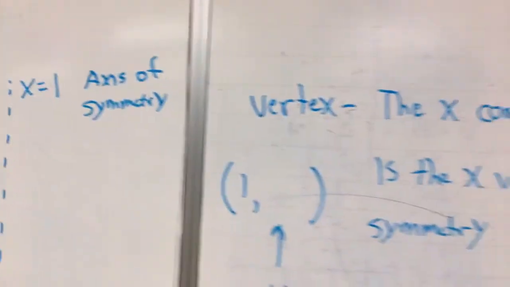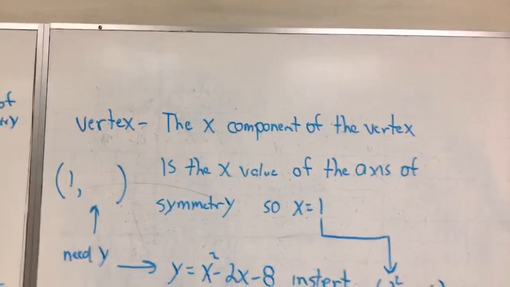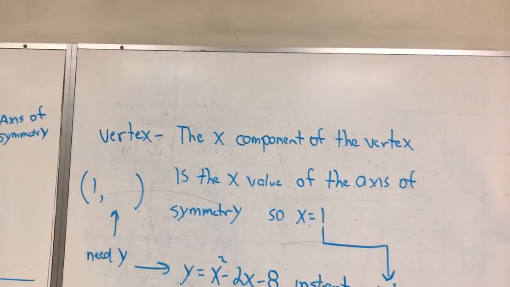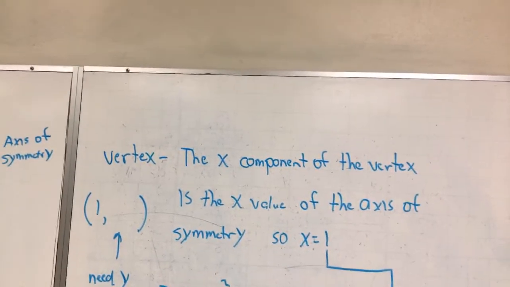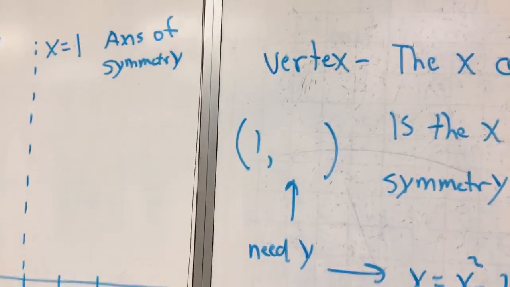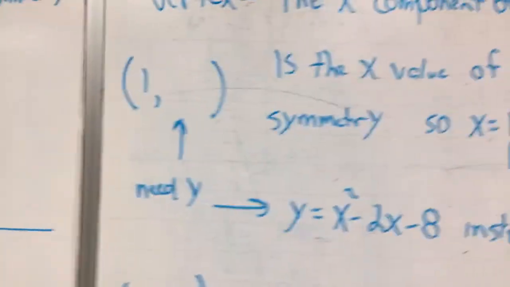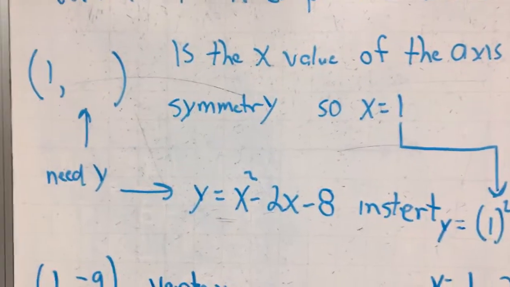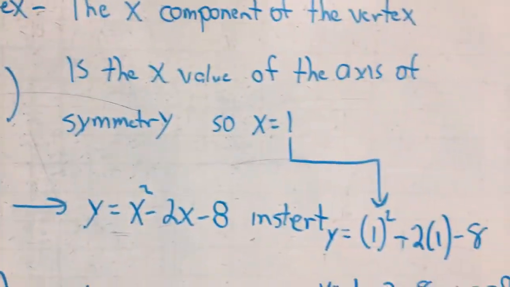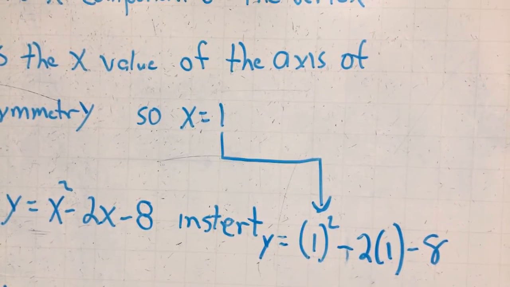So the vertex, the x component of the vertex is the x value of the axis of symmetry. So our x is 1. So go over here, there's my vertex, put a 1 in the x slot. You need the y value. Well, y is equal to x squared minus 2x minus 8. Insert y is equal to 1 squared minus 2 times 1.